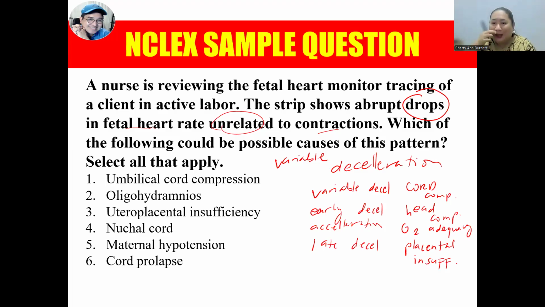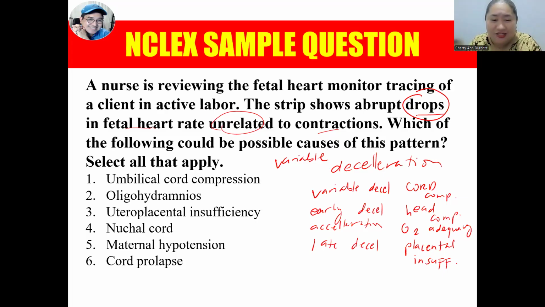So class, the key is to first identify what deceleration or acceleration it is. As you can see, it's a drop, so it's a deceleration. It's unrelated to contraction, so it's variable. If they mention it happens early in the contraction, then it's head compression. If it happens with acceleration, that's normal.